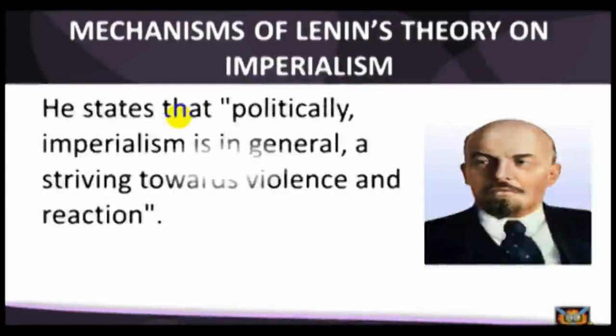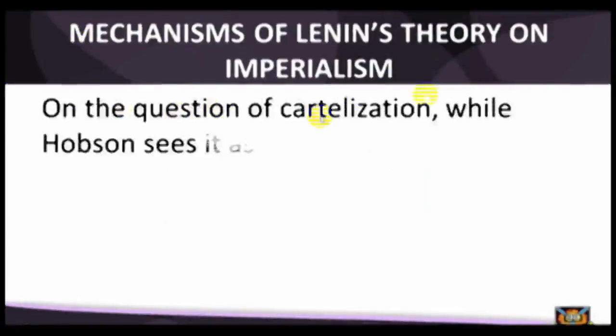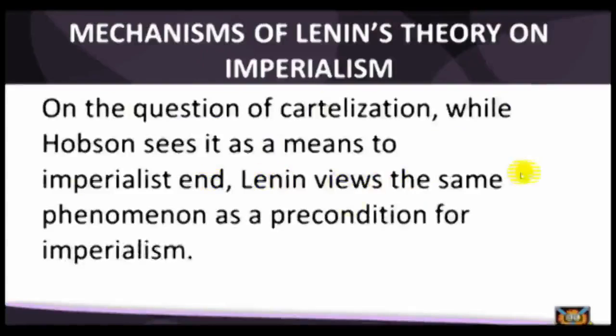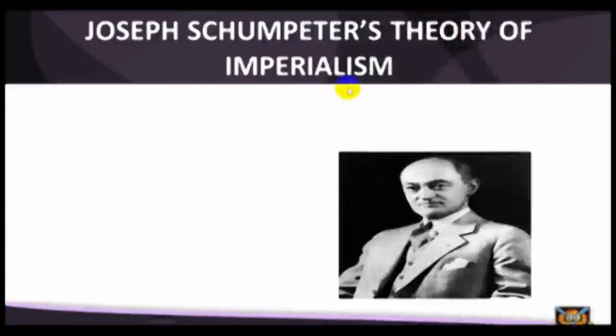Lenin states that politically, imperialism is in general a striving towards violence and reaction. On the question of militarization, while Hobson sees it as a means of imperialist ends, Lenin views the same phenomenon as a precondition for imperialism.